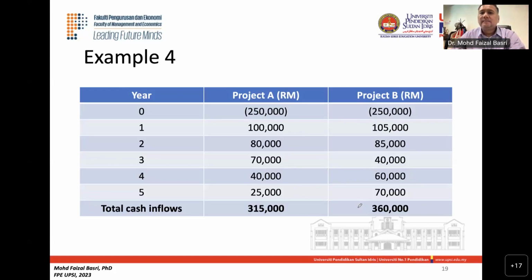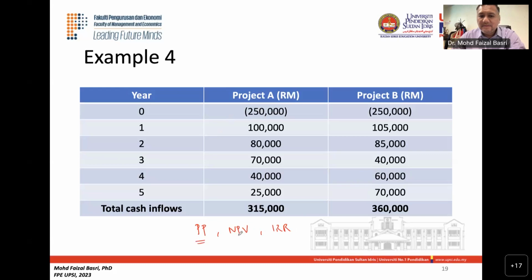For this example, it's quite easy to guess which one we should invest in. However, mathematically, or using the techniques, I will show you the differences in results based on the three measurements just now. Remember, we have PP, payback period, net present value, and also internal rate of return.